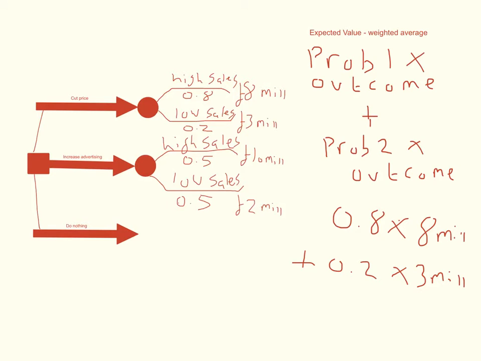So this would give us, when we calculated it, the average outcome of what the expected value would be if this process was repeated time and time again.